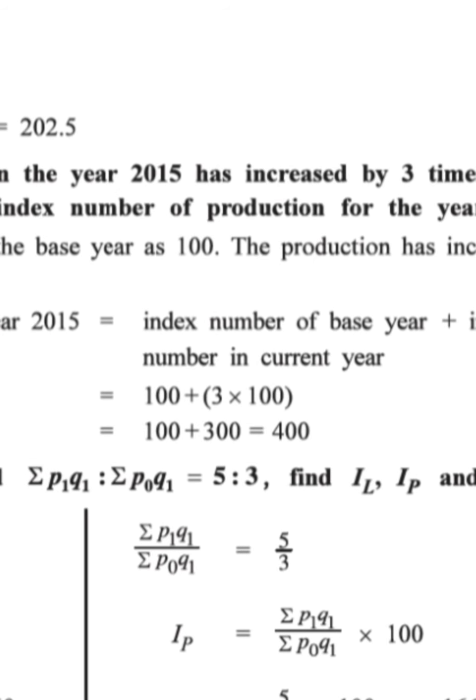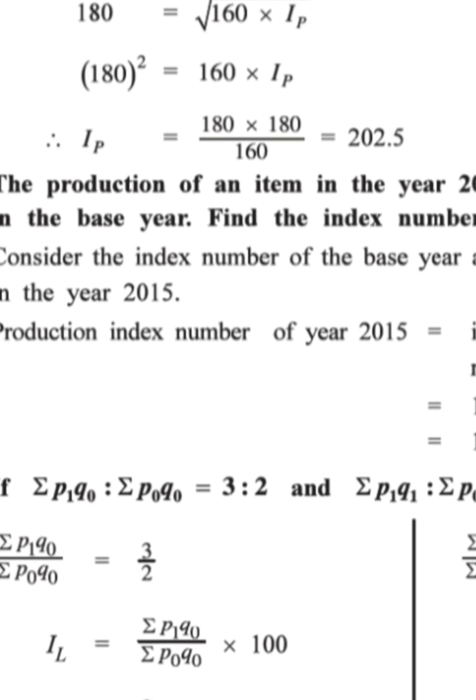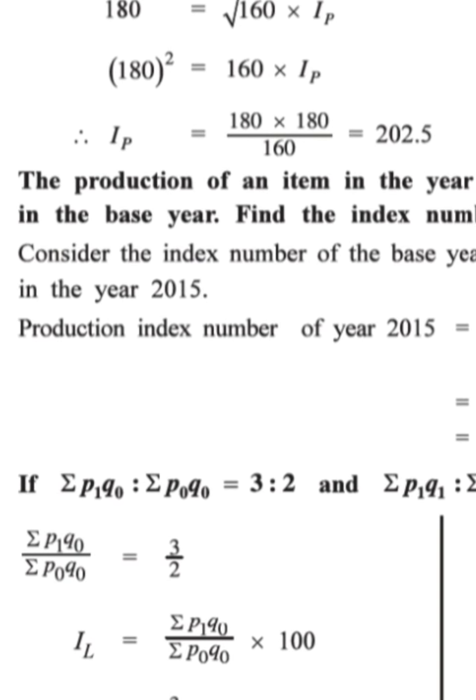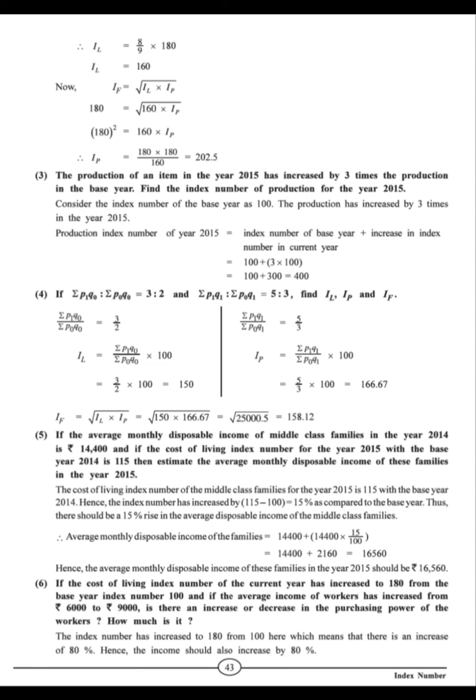They have told us it is 3 times, so we are going to multiply 3 by 100 and solve it out. You will get 100 plus 3 into 100, which is 300, will give you 400. That is the index number of the current year, that is the production index number for 2015. That is how we do this. Come to question number 4.